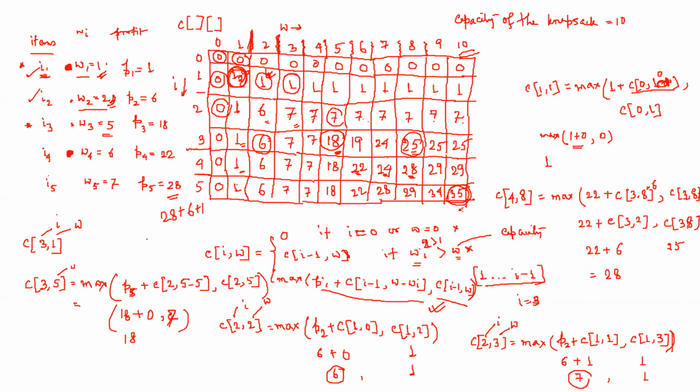So you have to choose item 1, then item 2 and item 5. If you choose this combination, then you will get maximum profit. So in this way, dynamic programming helps you to solve this problem. So this is the optimal solution.